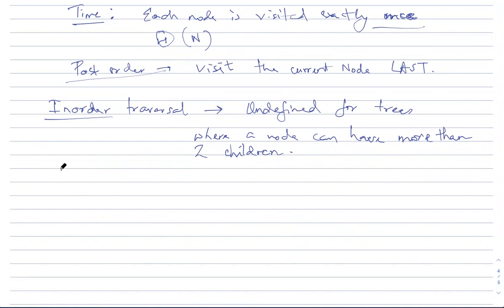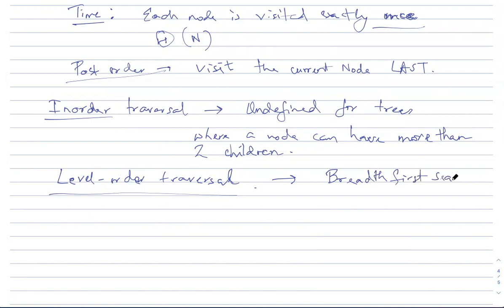Now, of course, there is another way of traversal, which is called level order traversal, which we'll get to when we are discussing graphs. At that time, the level order traversal will get discussed in the form of what is called breadth first search.